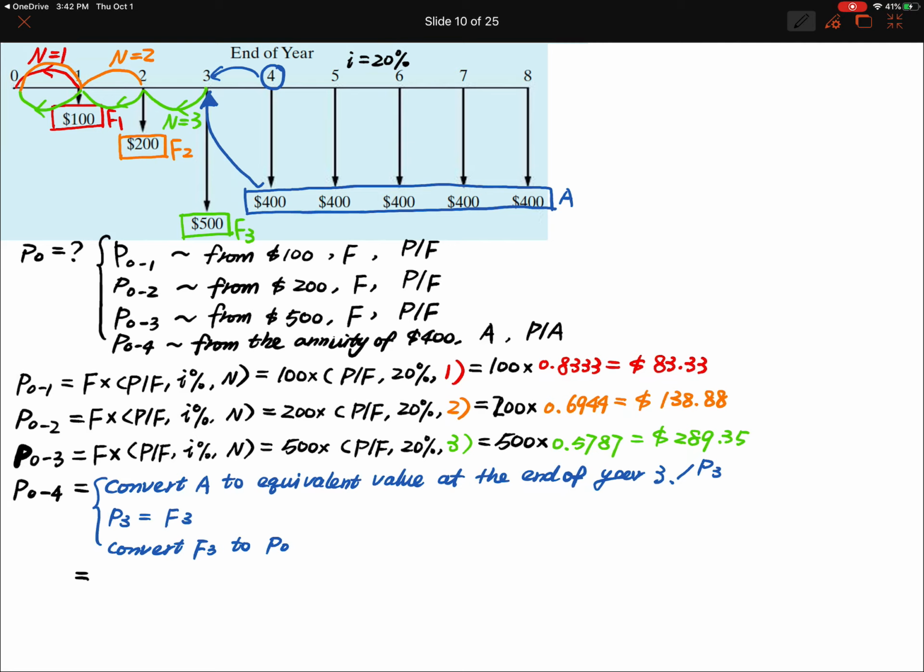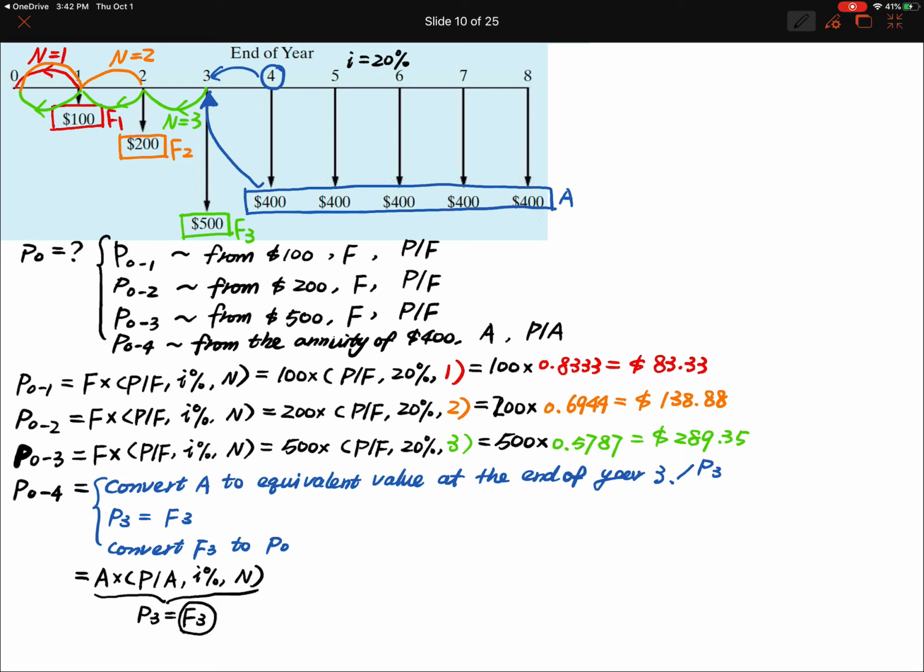Okay, so now let's do it. First thing is you convert the annuity to some present value at year 3. So that equation is to find P given A, right? So it's A times the factor P/A, i%, N. And we said this is P3. Also, it can be written as F3 compared to year 0.